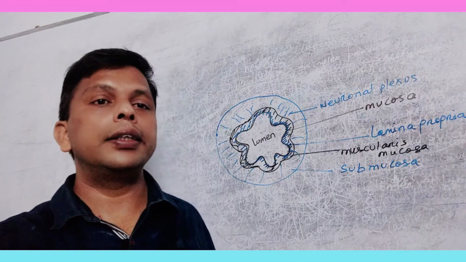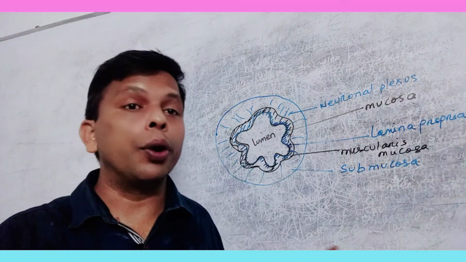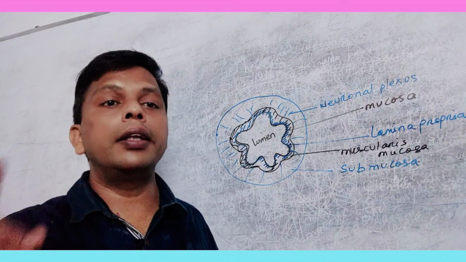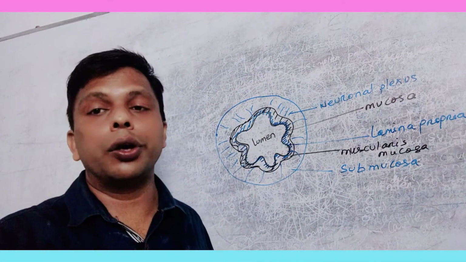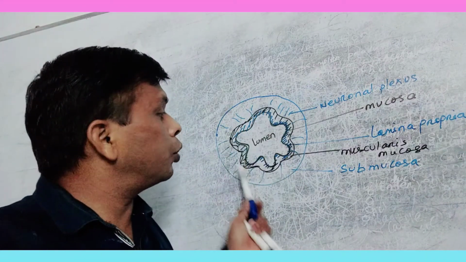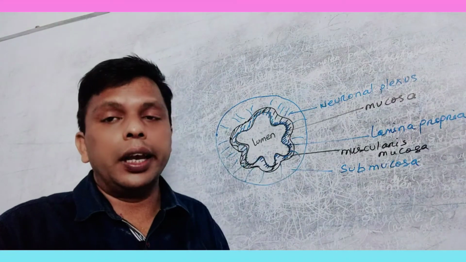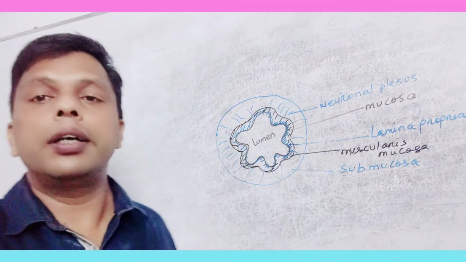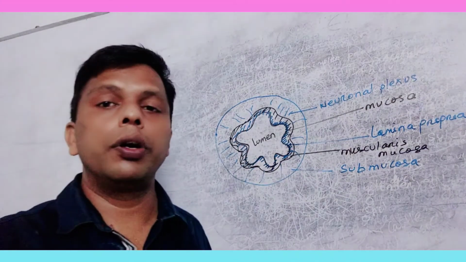This is the submucosal plexus. It consists of dense irregular connective tissue. This layer consists of dense irregular connective tissue in it. Okay, so mucosa, then submucosa above.